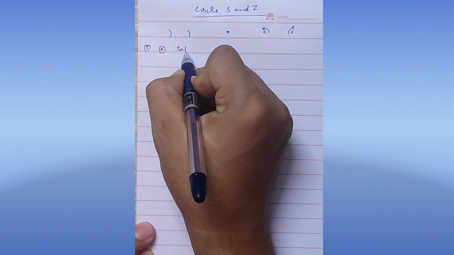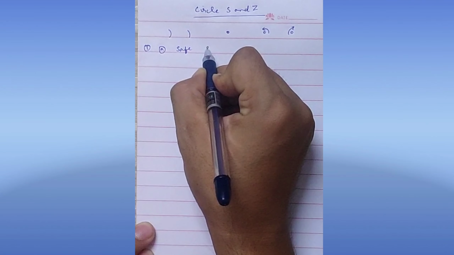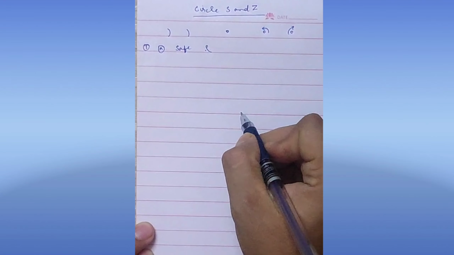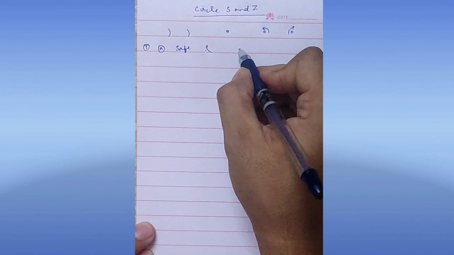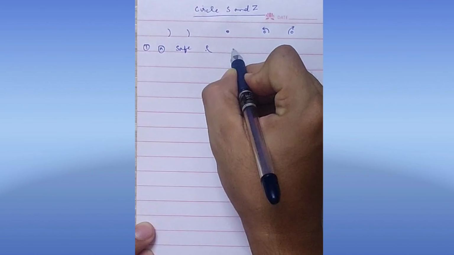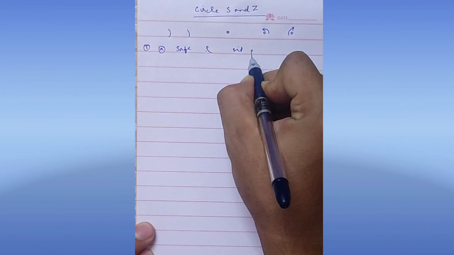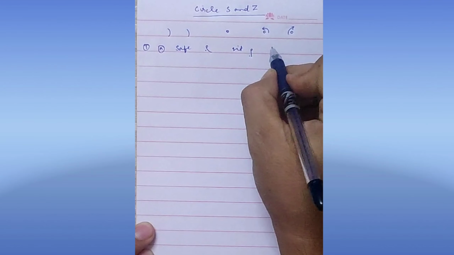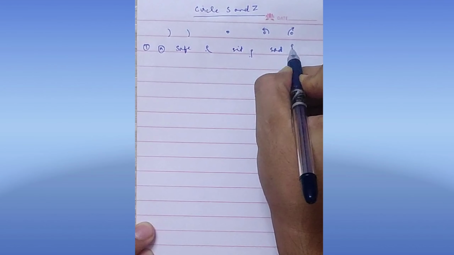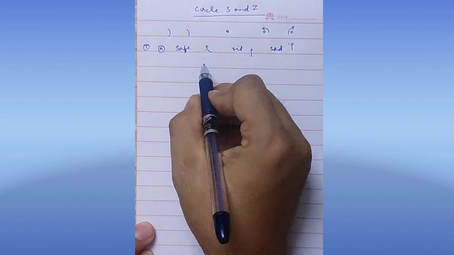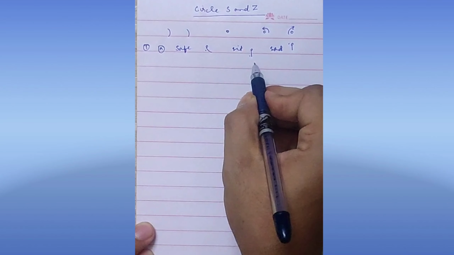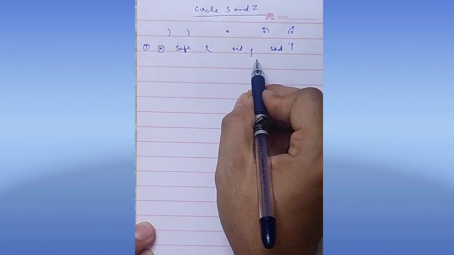Example, safe, S-A-F, safe. Sit, sad. At the initial, circle S is used, but circle Z cannot be used in the initial.